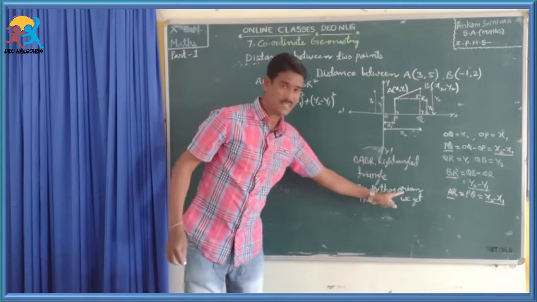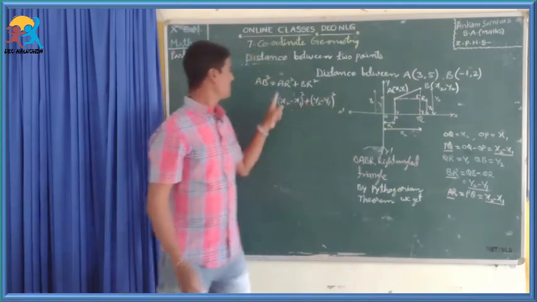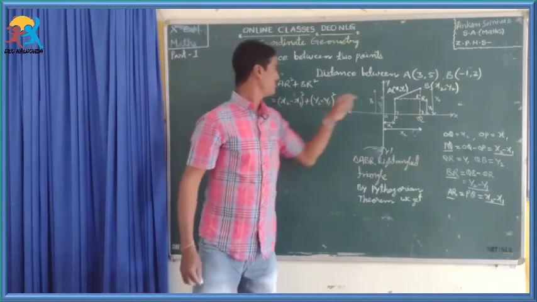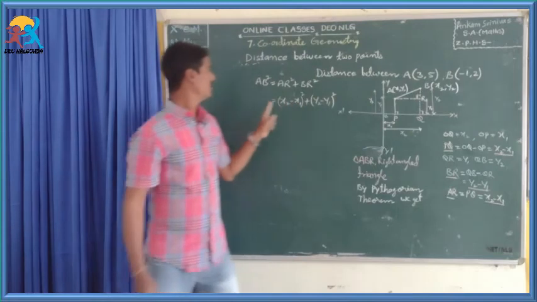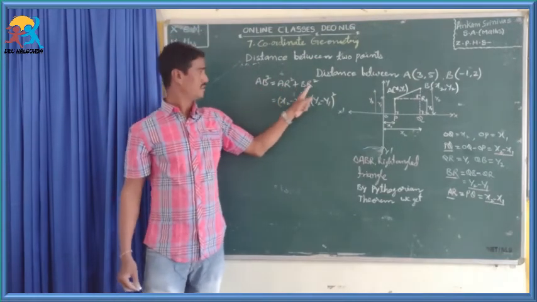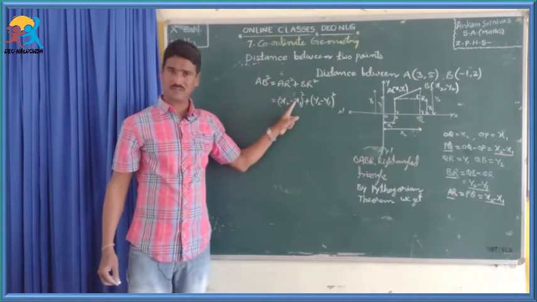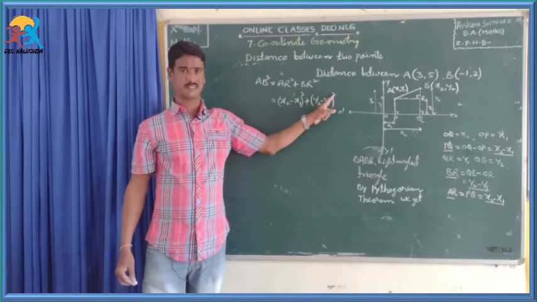So clearly ABR is a right angle triangle. As per the Pythagorean theorem, we will get hypotenuse square AB, base square AR and height square BR. So AB square equal to AR square plus BR square, which is x2 minus x1 whole square plus y2 minus y1 whole square.